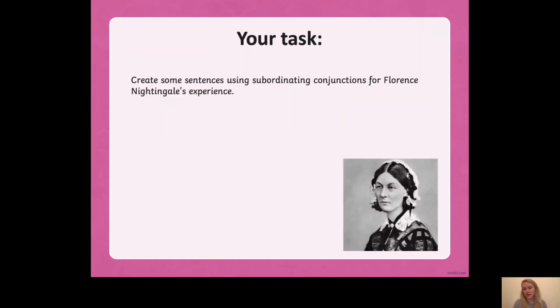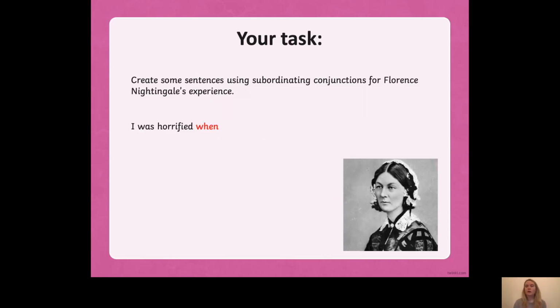This is your task. So you are going to be creating some sentences using subordinating conjunctions about Florence Nightingale's experience. So on your worksheet, which is Year 2 English, 3rd of February resource, you have got the start of some sentences and I have given you the subordinating conjunction and you need to finish the sentence off. So let's have a look at the first one together.